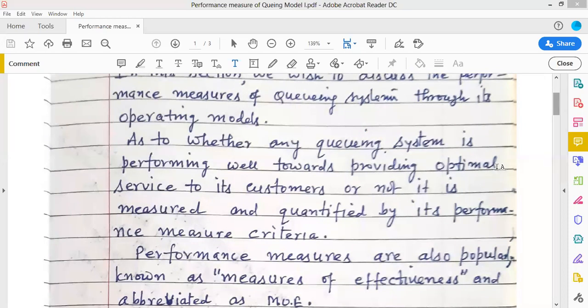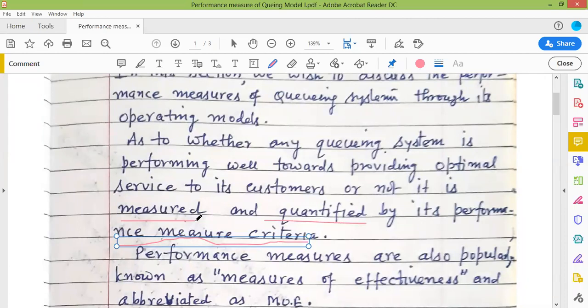So this is the criteria which we intend for the measurement, and through this criteria the service is quantified, the optimal service is quantified or measured.